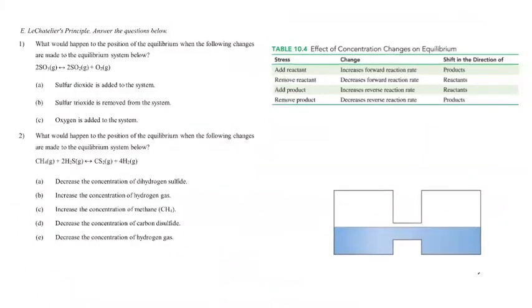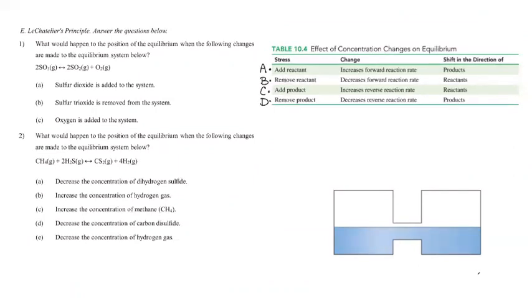When it comes to table 10.4, I'm going to use letters to identify each of the different stresses that we're going to do to the system, okay? So in problem 1, the first statement says sulfur dioxide is added to the system.